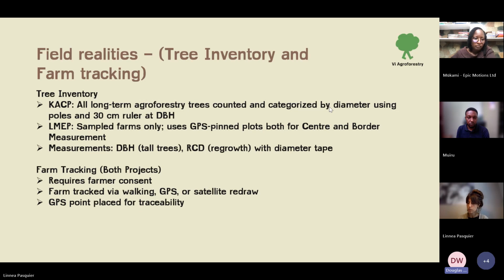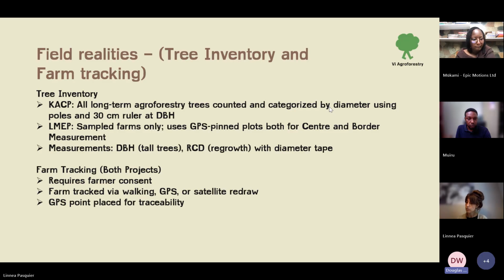When it comes to farm tracking, both projects, KACP and Livelihood, do farm tracking. And this farm tracking requires farmer consent.